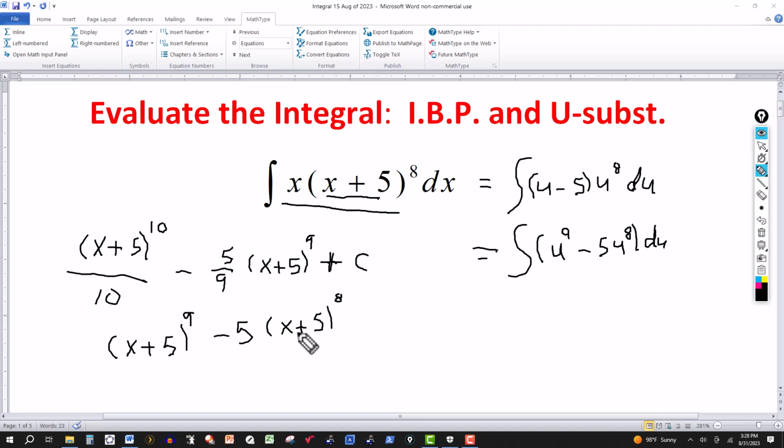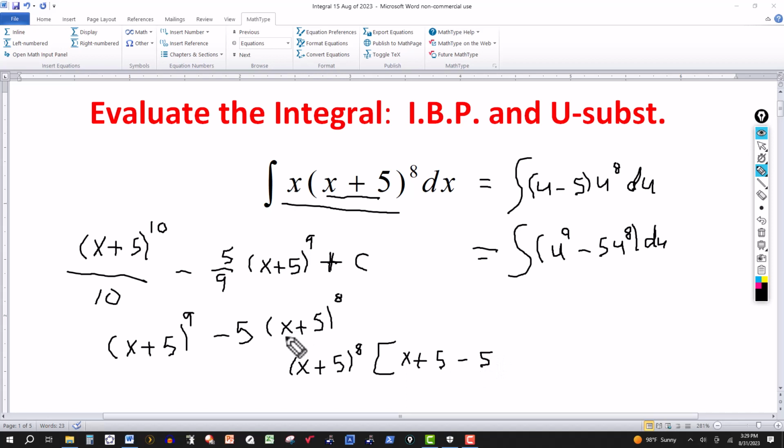So let's factor out (x plus 5) to the 8th, which is common there. And what does that leave me? For the first one, that leaves me with x plus 5. Taking out 8 factors of x plus 5 leaves me with 1 factor of x plus 5. And then it's minus 5.